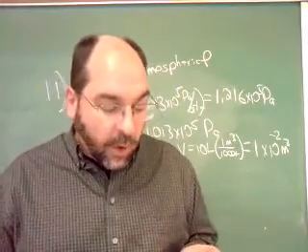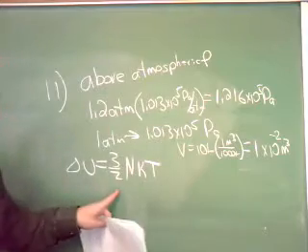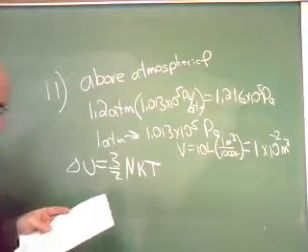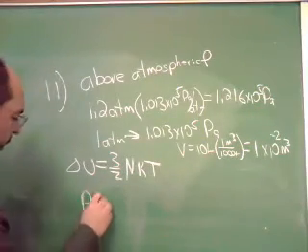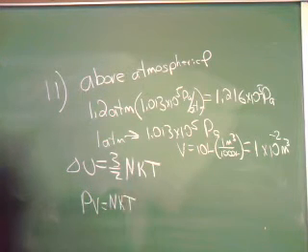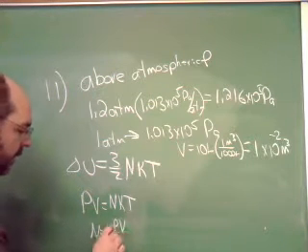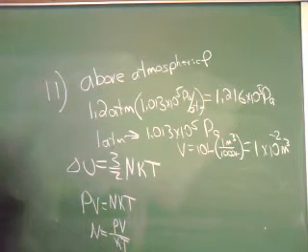All right, so delta U equals 3/2 nkT. PV equals nkT. Stick with me here, this is kind of cute. N equals PV over kT.